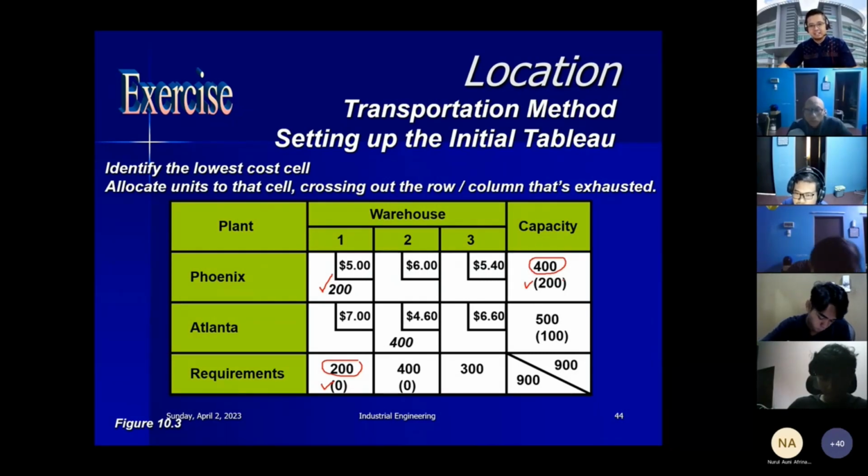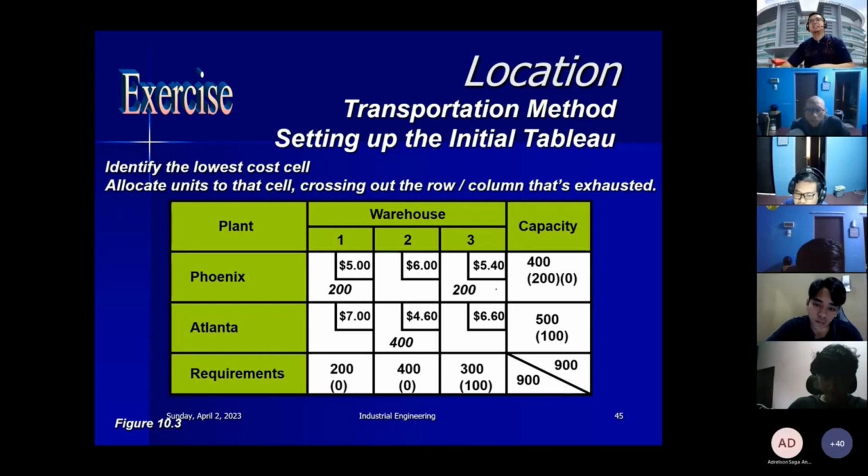Okay, which one is the third lowest cost value? Which one? 6 ringgit or 5 ringgit 40 cents? 5 ringgit 40 cents. Okay, in between 300 and the 200 balance here, which one has the lowest value? 200.